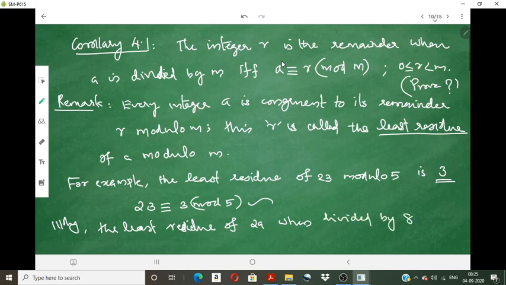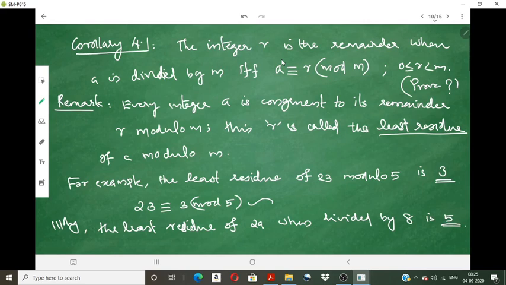When 29 is divided by 8, the remainder obtained is 24 plus 5. Okay. The least residue of 29 when divided by 8 is equal to 5.